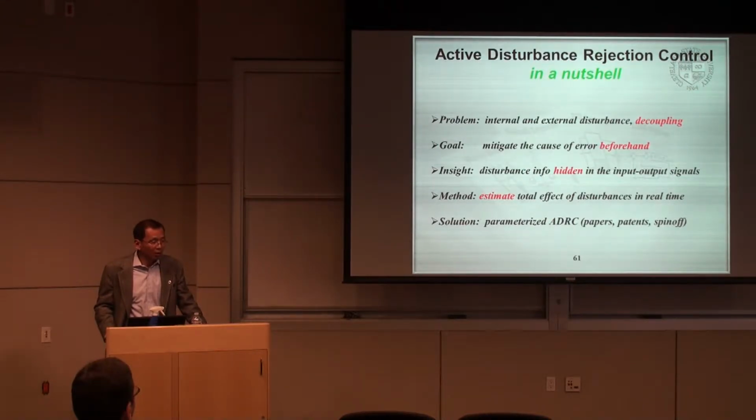And that's the conviction we inherit from Poncelet, from Zhiqiang Han. And we want to do it in an active way. We don't want to wait until the output deviates. We want to do it as soon as we capture the information, we act on it. So this is more of an active as opposed to passive disturbance rejection.